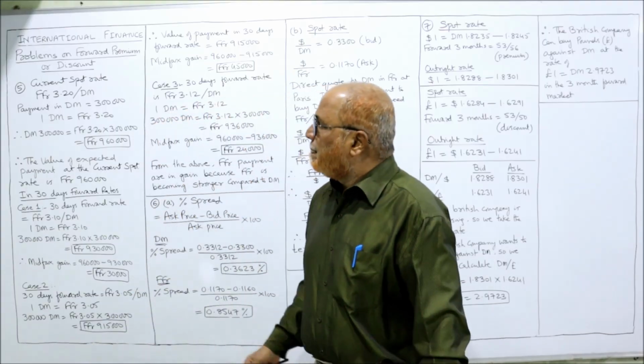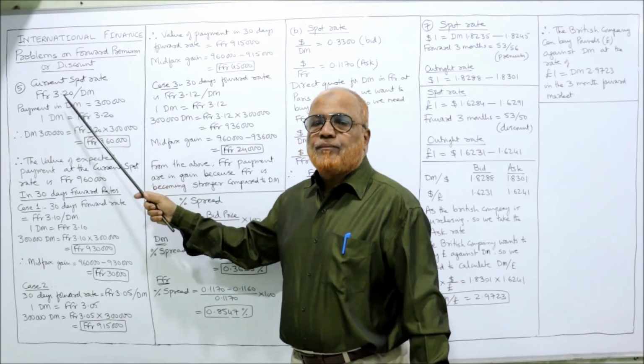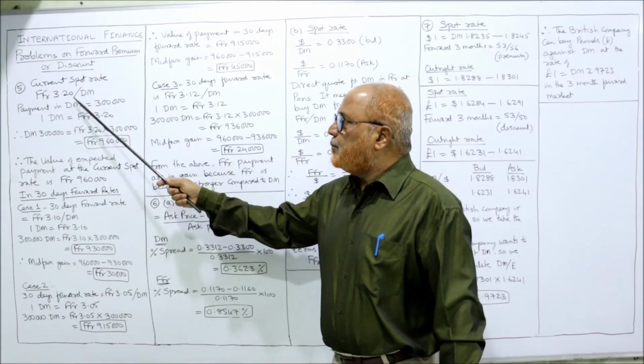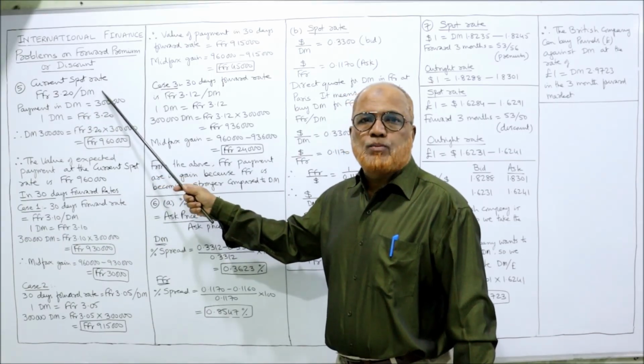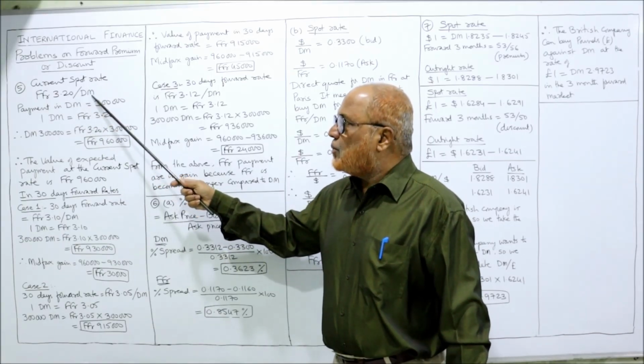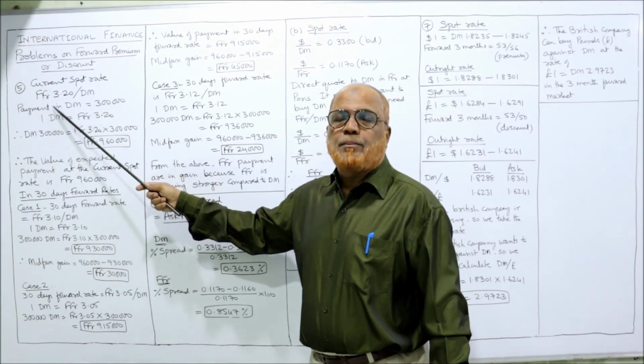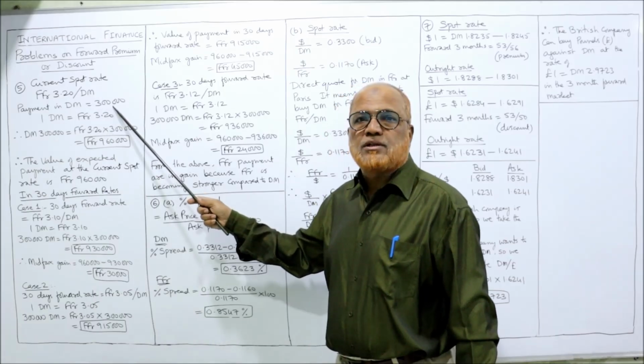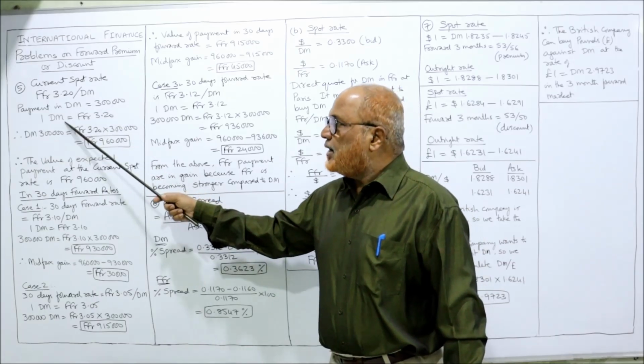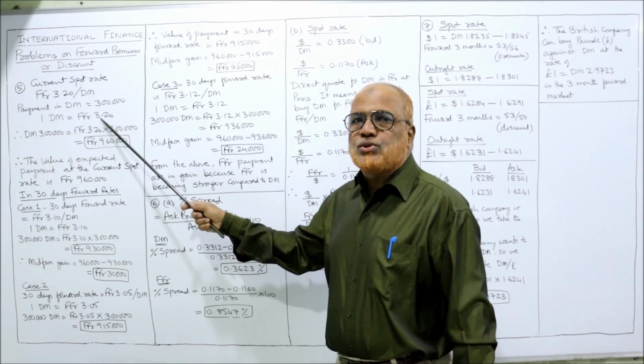You can see here, the current spot rate is FFR, French franc, 3.20 per DM, Deutschmark. And the company has to make payment of 300,000, 3 lakh DM. So 1 DM is equal to FFR 3.20.